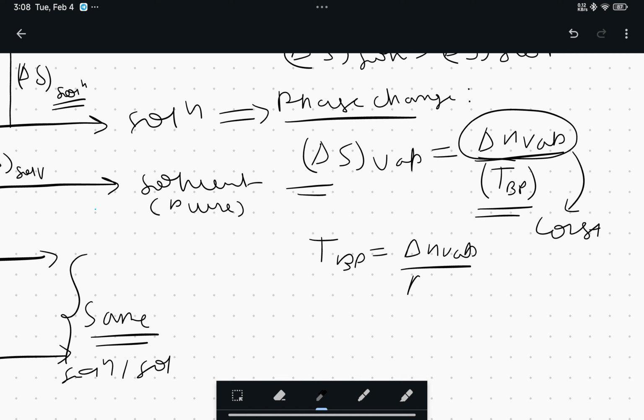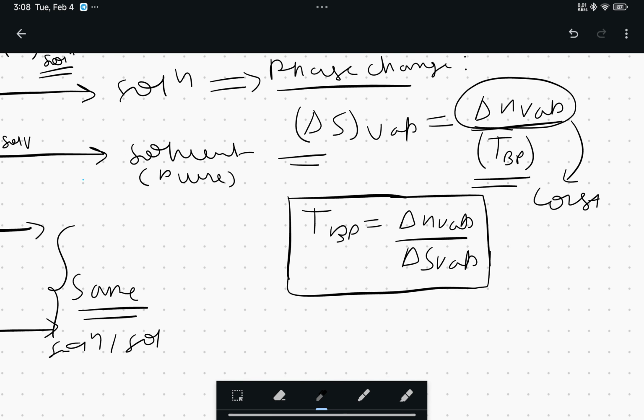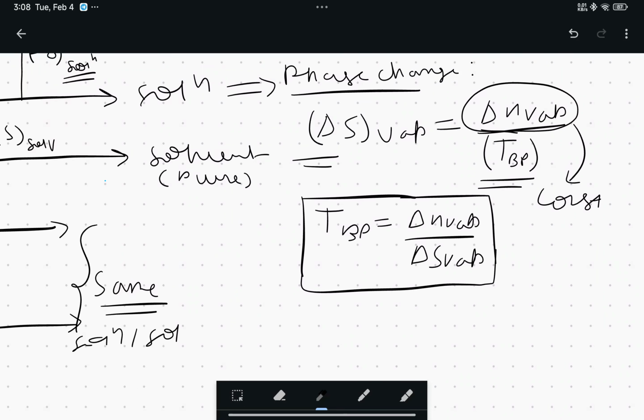Now if we manipulate the equation a bit, we can get the equation as enthalpy of vaporization upon entropy of vaporization. This is the main relation that we'll have to remember. Okay, so for every point this is same, and if we consider the solvent, we know that for solvent this quantity is higher.